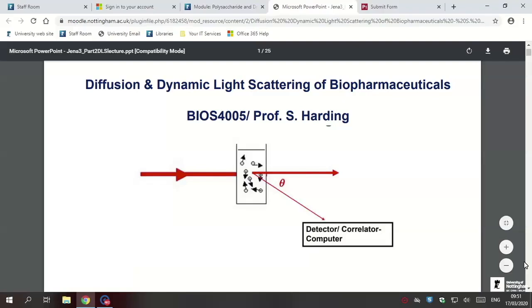And the dynamic light scattering instruments are in all the big biopharma companies and many of the SMEs, because it's relatively inexpensive compared to crystallography, NMR, centrifuges, all this sort of stuff.